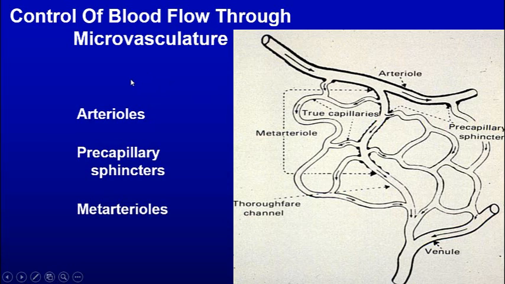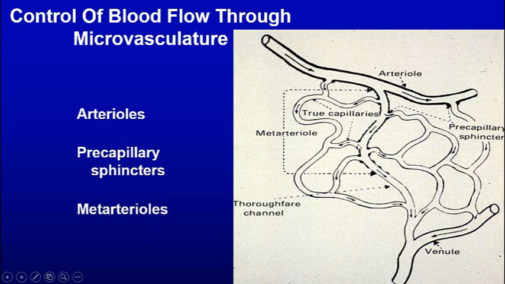And so in terms of control of vasculature, we have the arterioles. They're the ones that eliminate the pulse in the flow. We have precapillary sphincters. So there's sphincters right in here, right in front of the capillaries, that regulate the flow. Also, there's metarterioles.